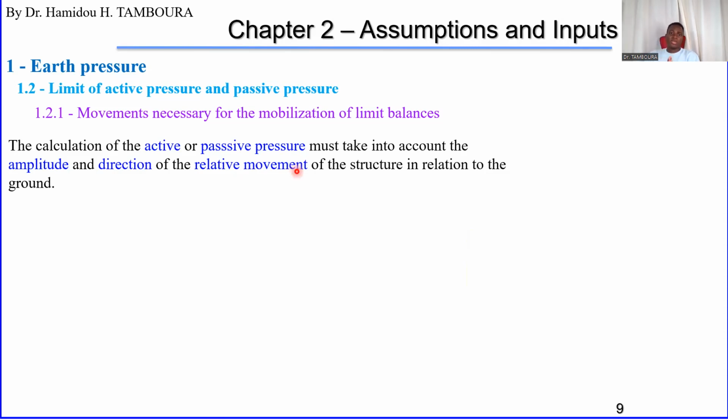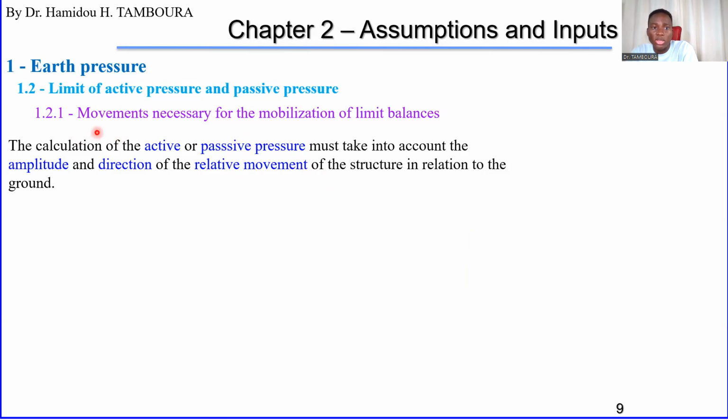If there is no passive pressure and no active pressure, it means there is no pressure acting on the retaining wall, then the retaining wall is not working at all. So we need at least minimum movement of the soil to allow the equilibrium.